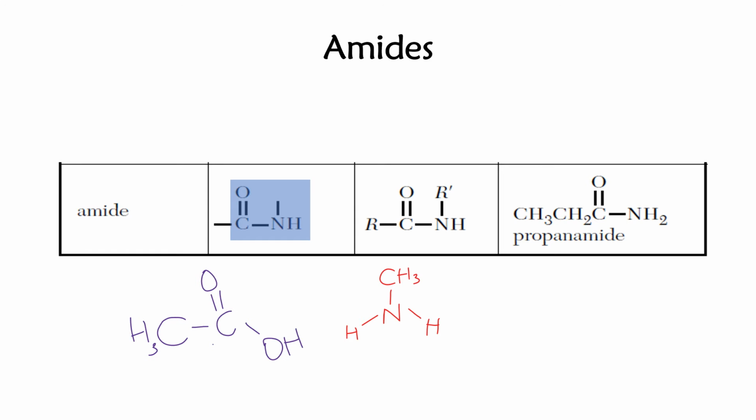Now, if we take off the OH part from our organic acid, and we take off the hydrogen from the amine, that OH from the organic acid and hydrogen from the amine combine to form water, and the carbon and the nitrogen can then bond together, and there we have the functional group amide. So that molecule that we see right now, if we bring those two things closer together, that is an amide.